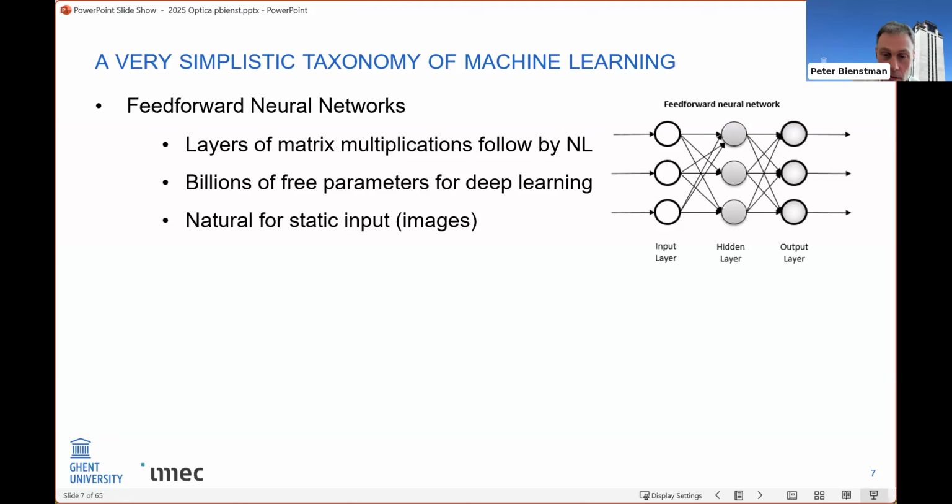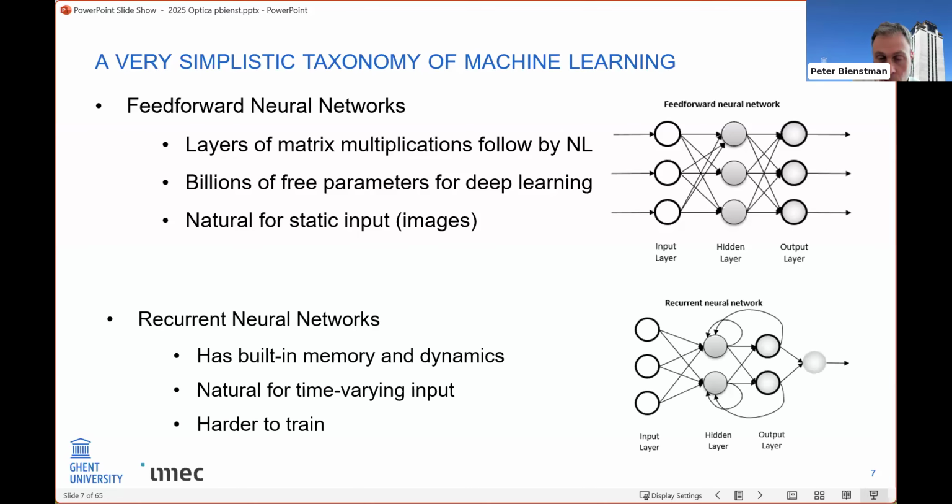What we're doing, on the other hand, is something a bit different, using recurrent neural networks. So you see there in the diagram that rather than the information just flowing from left to right, you have all sorts of feedback loops. And these feedback loops actually create memory in your system. And this turns your system from a boring static system into a rich dynamical system with lots of interesting behavior.